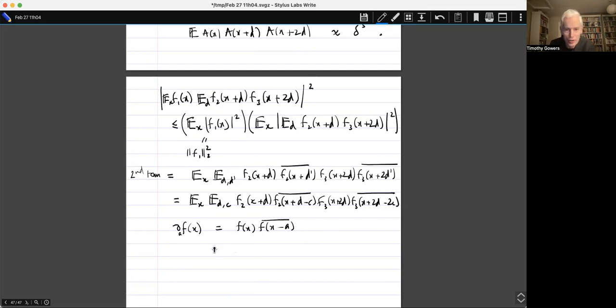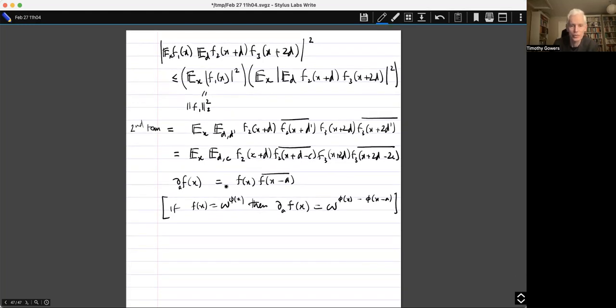It's because if f of x is omega to the phi of x, then partial a f of x equals omega to the phi of x minus phi of x minus a. So it's a bit like a discrete derivative, so to speak. You're taking a difference between phi of x and phi of x minus a. So that's why this is a nice notation to use.